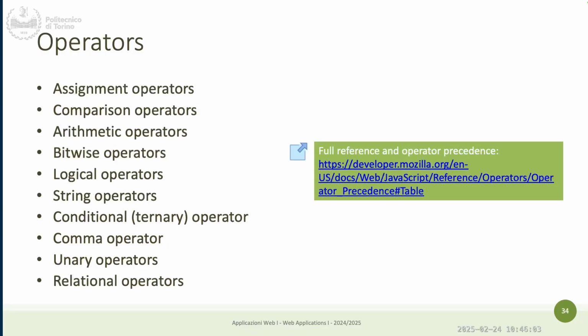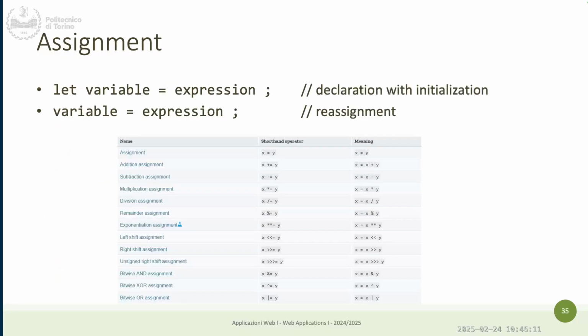We have a set of operators that are the same operators that you can find in mostly any programming language. We have the assignments. You already saw that we can declare a variable and assign an initial value.